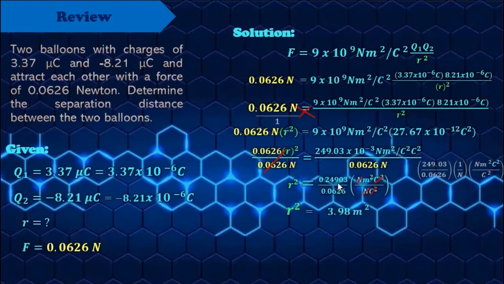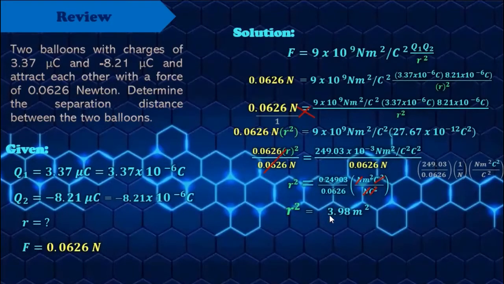And get the quotient. By the way, this one is just simply the decimal form of this scientific notation. We have here negative 3, so therefore from the decimal point, we are going to the left 3 times, or jump 3 times. That becomes 0.24903.